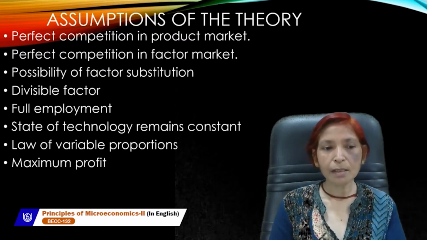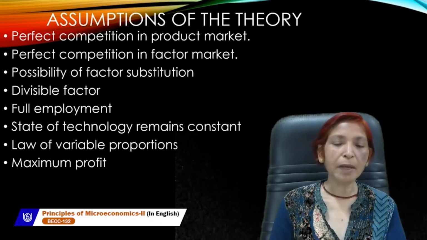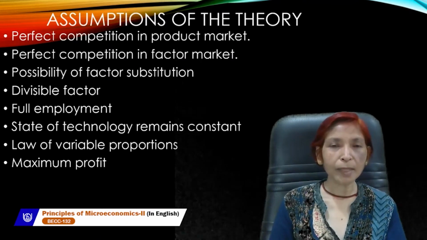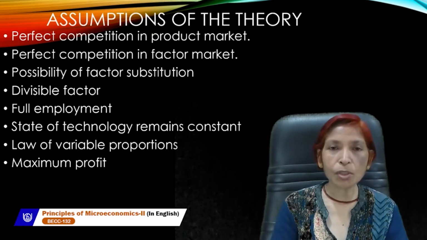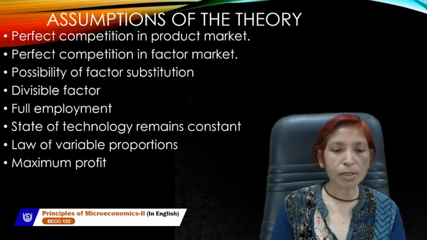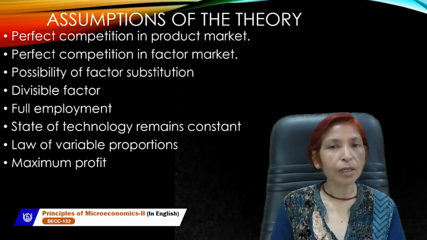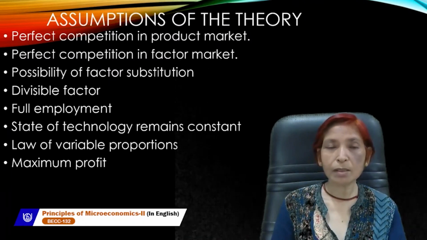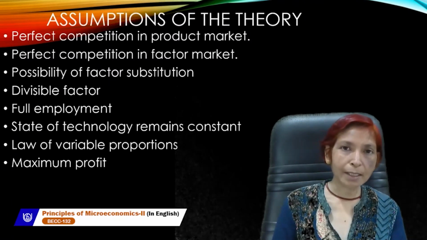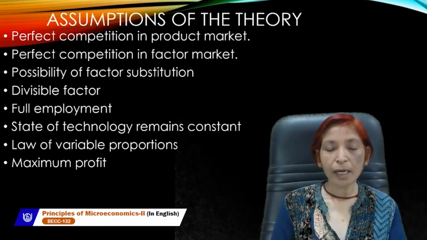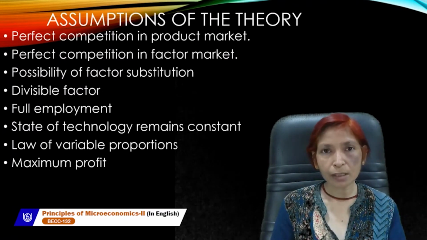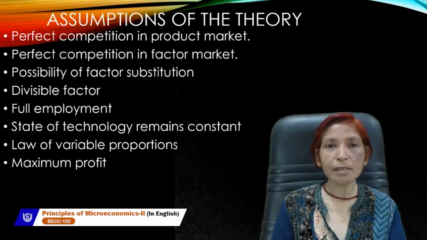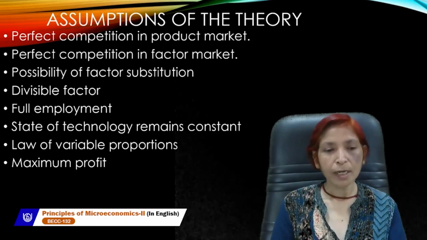The next assumption is that the state of technology remains constant. Under this assumption, we assume that there is no change, or no possibility of change, in technology. But as you know, at present technology is changing, and new inventions and discoveries bring more advancement.